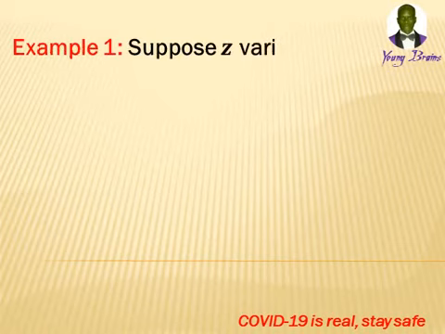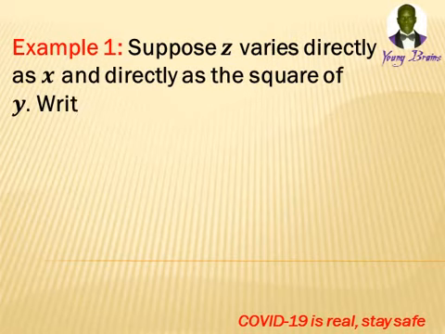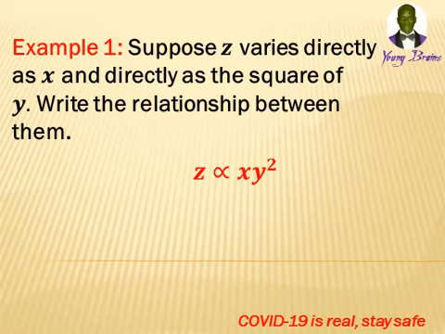Example 1. Suppose z varies directly as x and directly as the square of y. Write the relationship between them. Solution. In this type of joint variation, it involves direct and indirect variations.